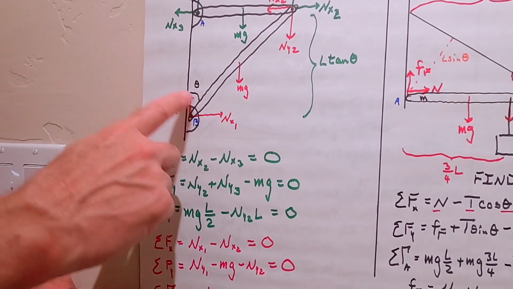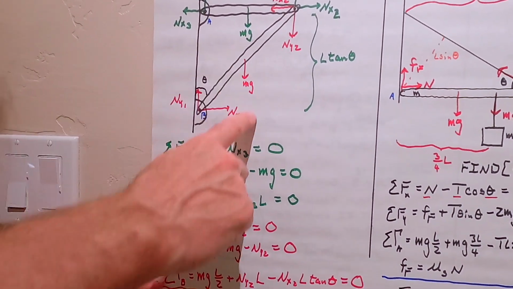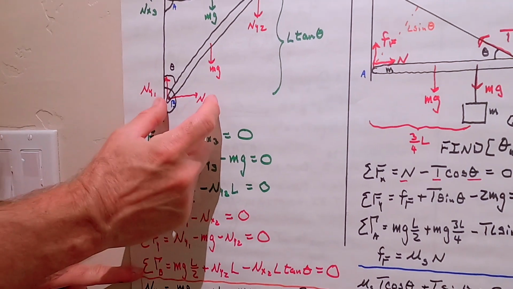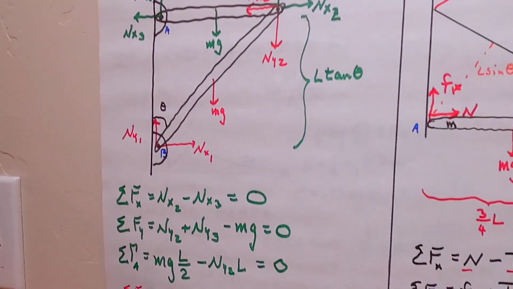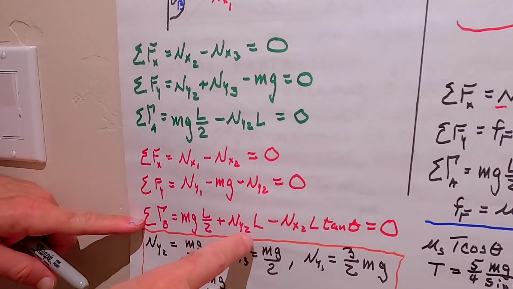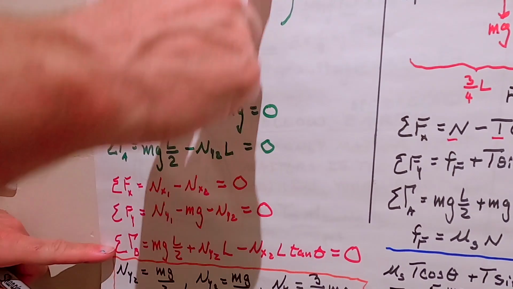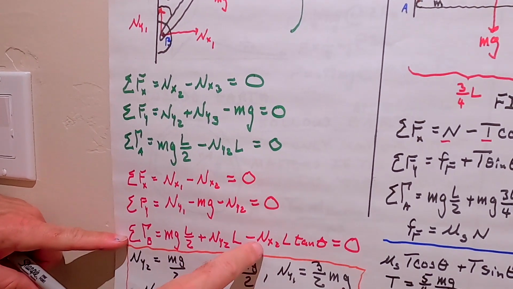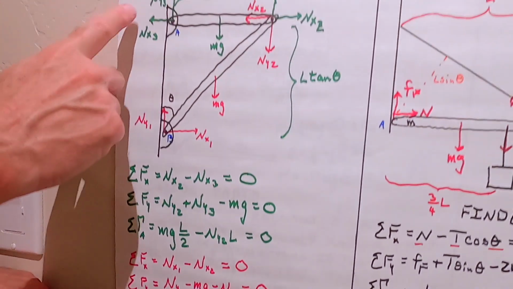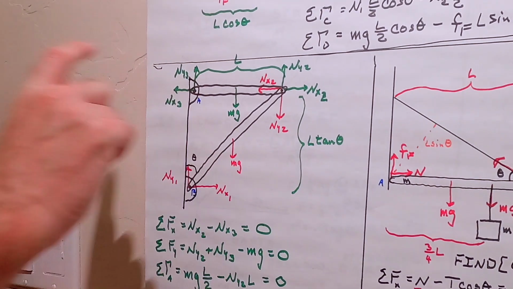We don't have to worry about these two. We got mg times that length, which we called L over 2. It's the same as that. Plus NY2, which is this force, times that length, which is L, minus NX2 times this length.